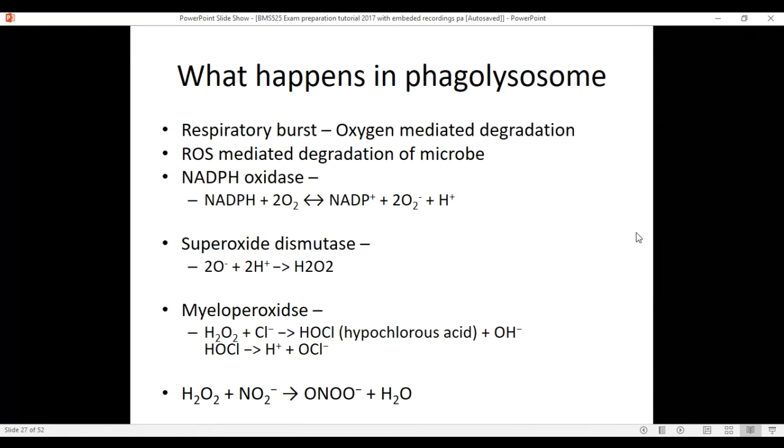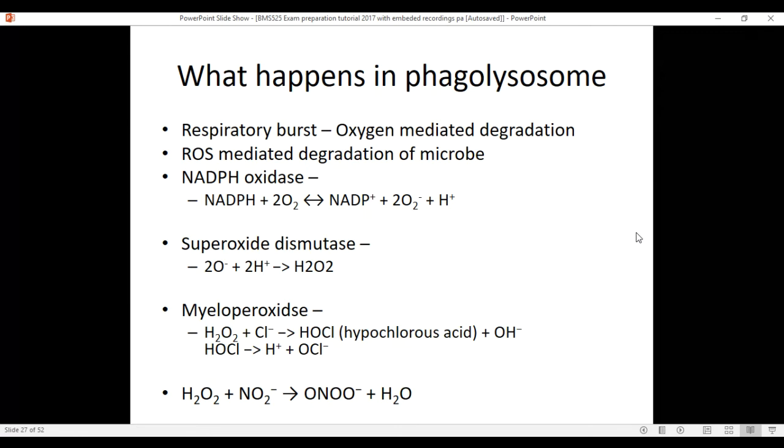So in terms of respiratory burst, it's oxygen mediated degradation. And the concept of the respiratory burst is to generate radical species, that is reactive oxygen species, that will react with the proteins, the DNA, and the lipids of the pathogen, causing the structures to break down.